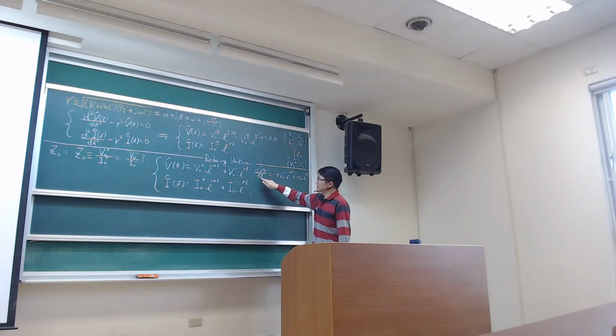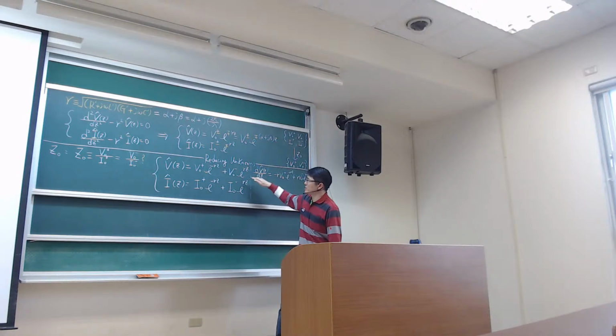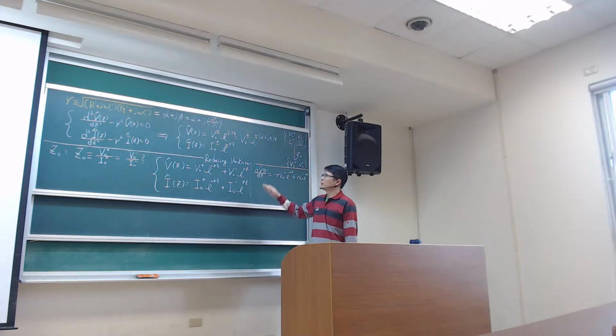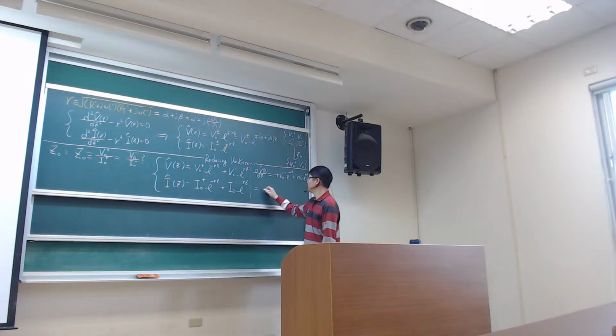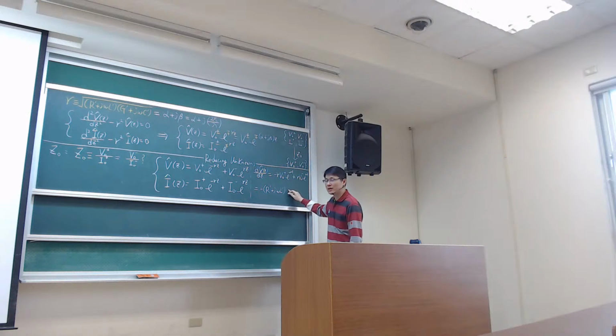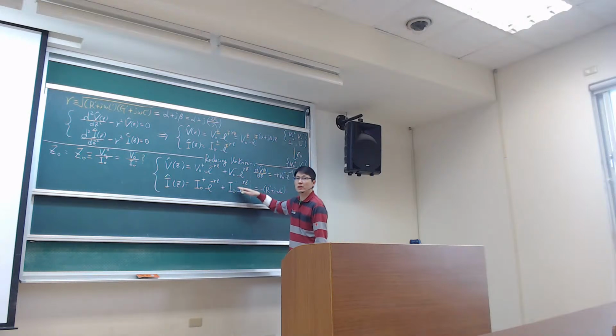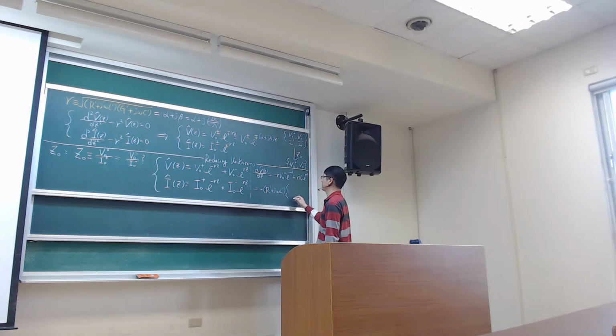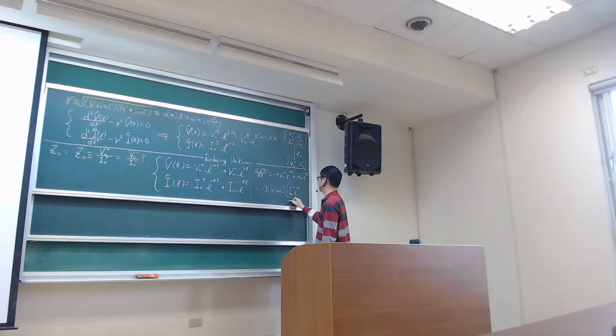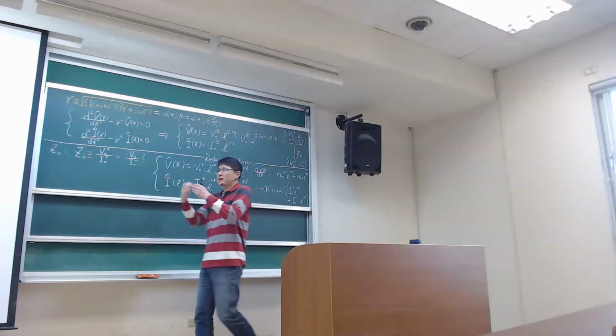So after performing spatial derivative to the generalized solution form for the voltage, don't ever forget that is equal to something we already know in the form of current: negative R prime plus j omega L prime times I(z).